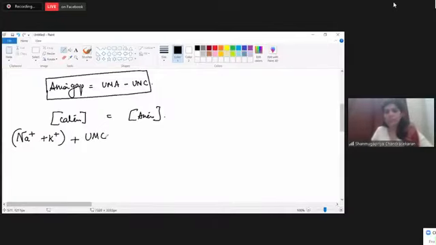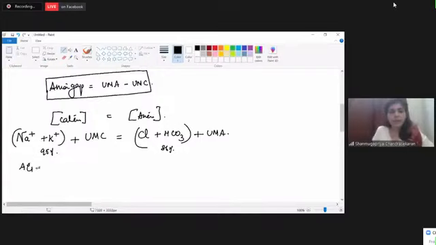So sodium plus potassium plus unmeasured cations should be equal to the anions of your circulation: chloride, bicarbonate, and this would constitute 86%. Apart from chloride and bicarbonate, I'm going to call the remaining anions unmeasured anions. And because we know anion gap is the difference between unmeasured anion and unmeasured cation, I want you to rearrange this formula.